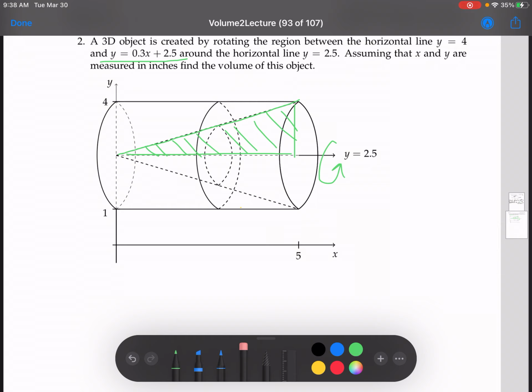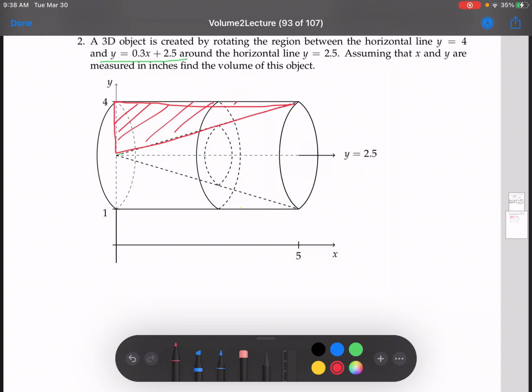So essentially, what we're left with, you can think of as the three-dimensional object that's formed by rotating this triangular region around the line y equals 2.5.